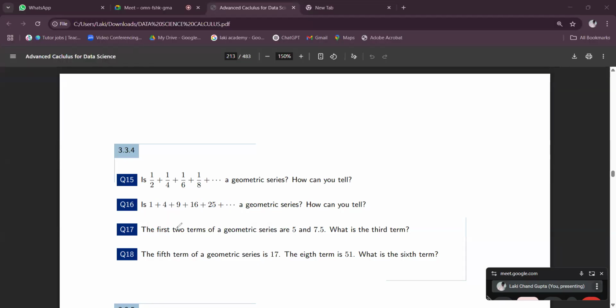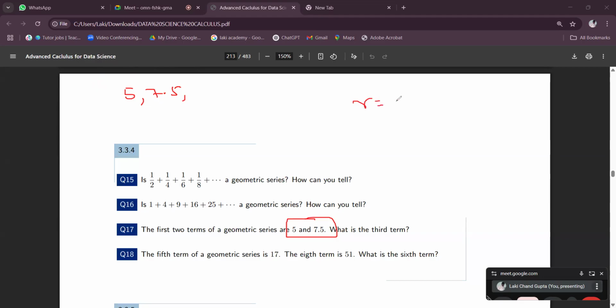The first two terms of a geometric series are 5 and 7.5. What is the third term? This is a geometric series, which means there is a common ratio.